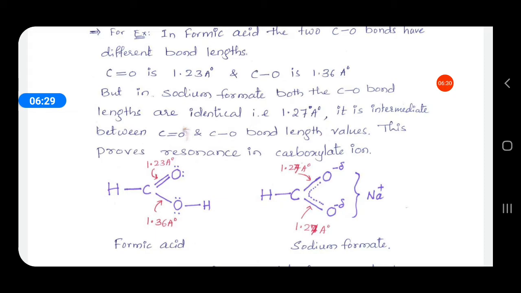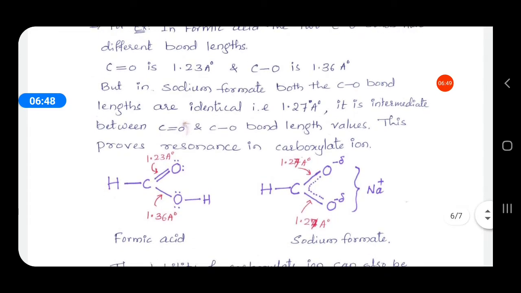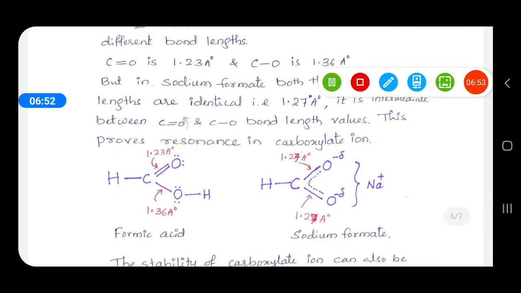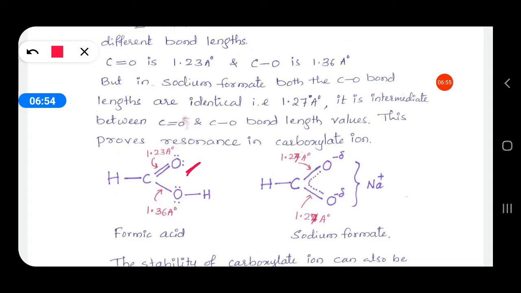in sodium formate, instead of one bond being 1.23 angstrom and another bond 1.36 angstrom, both the bond lengths are 1.27. Actually, when there is a carbon oxygen double bond, we should get 1.23 angstrom, and the other bond should be 1.36 angstrom.